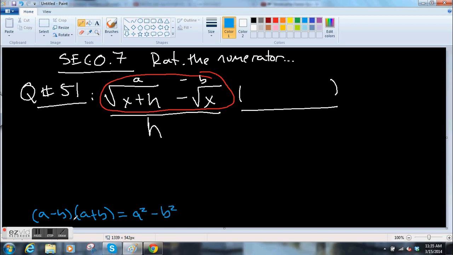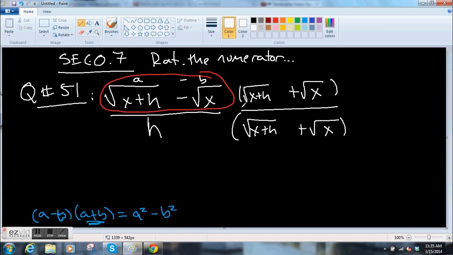That's the factoring rule. I think it's called factoring of perfect squares or something. I don't remember the formal name, I just know it looks like this. So in order to get an a squared and a b squared, I'm going to multiply by the a plus b part, which in this case is square root of x plus h plus square root of x. And what you do to the top, you have to do to the bottom. Keep it all balanced and equal to 1 so that you maintain the integrity.